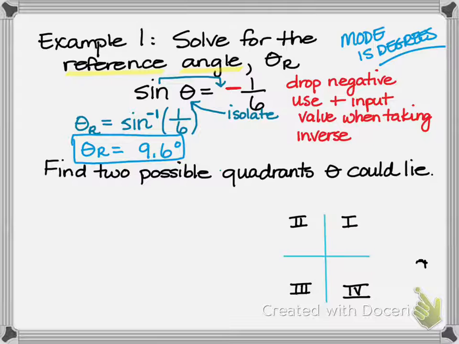And I need you to determine which 2 of these quadrants will satisfy this equation, sine theta equals -1/6, okay? So in this equation, you will notice that our sine trig function is a negative number. That's what it says. Sine theta equals -1/6.